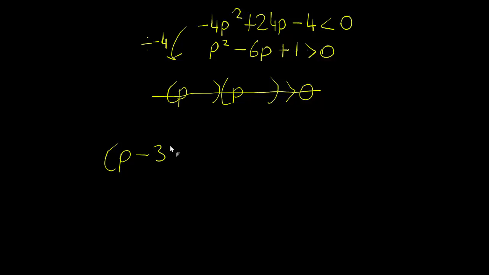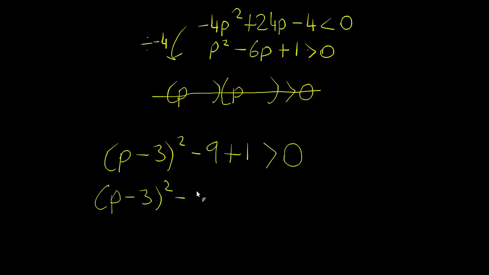So p minus 3 squared, just half the 6. We're still going to have the plus 1, but we need to take away the square of this, so minus 9 and then plus 1. We got the minus 9 by doing 3 squared. Simplify that a little bit: p minus 3 squared, minus 8, is greater than 0.